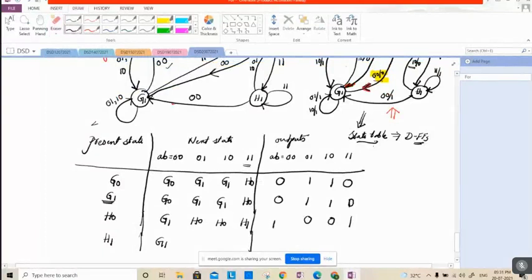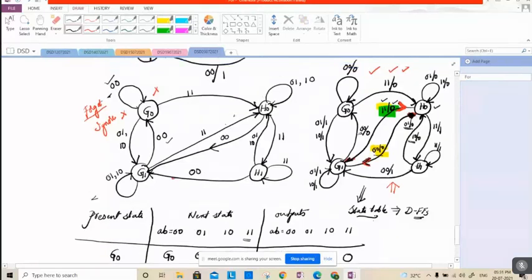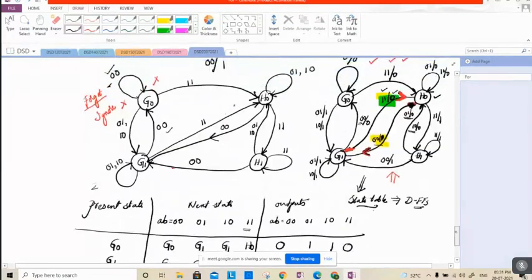So this is 1. H0 is present here. Whenever it is 0 0, it is going to G1 and this is 1. Is it okay now?